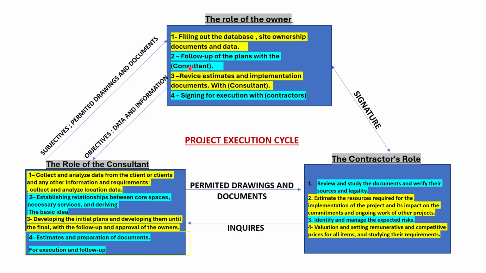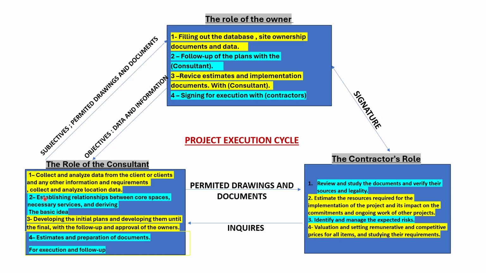When we finish this information, he sends it to the consultant. All this we can call objective and data information. The consultant collects and analyzes data from the client or clients and any other information and requirements, and collects and analyzes location data.